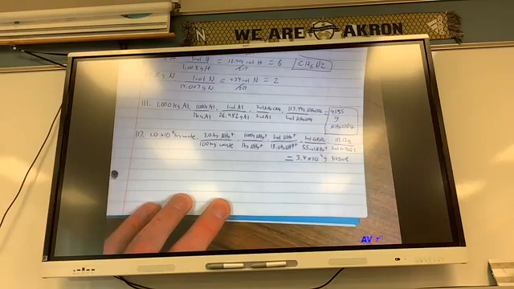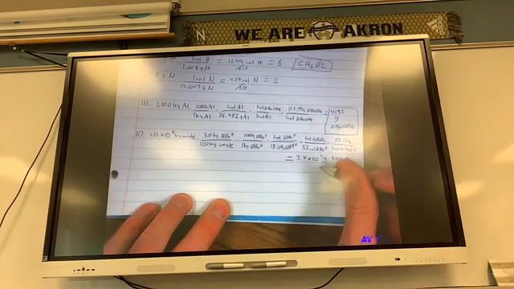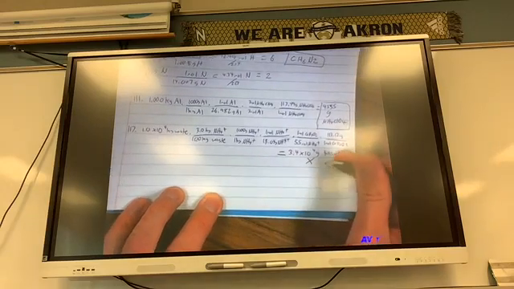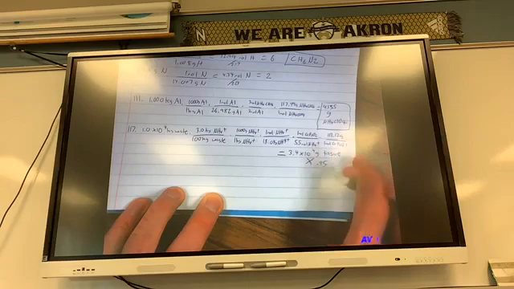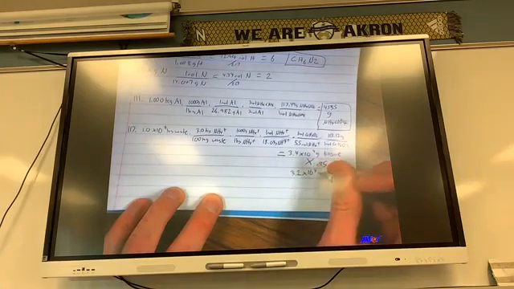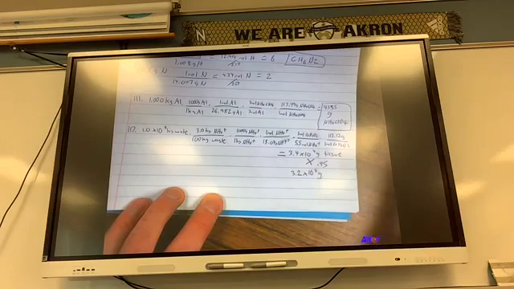So I'm only going to get 95% of that. So I have to take this number times 0.95, and then your real answer ends up being 3.2 times 10 to the fourth grams of BT, bacterial tissue.